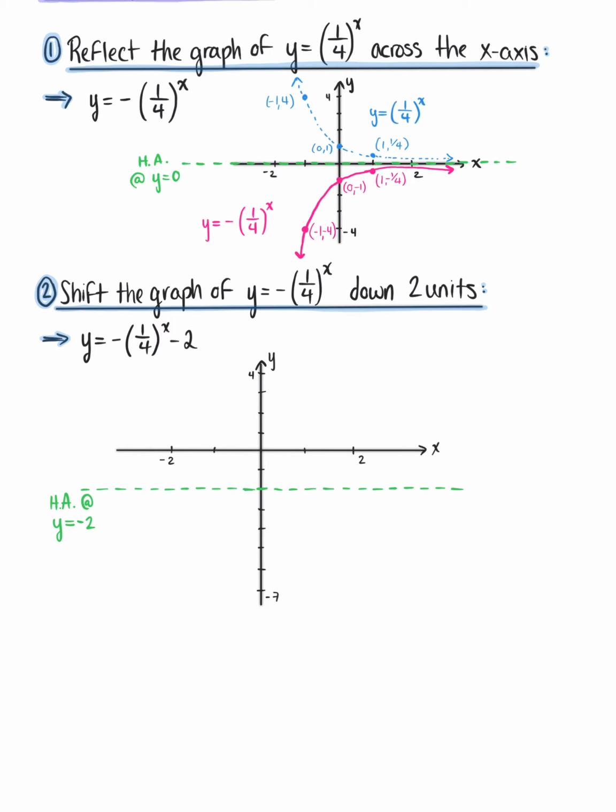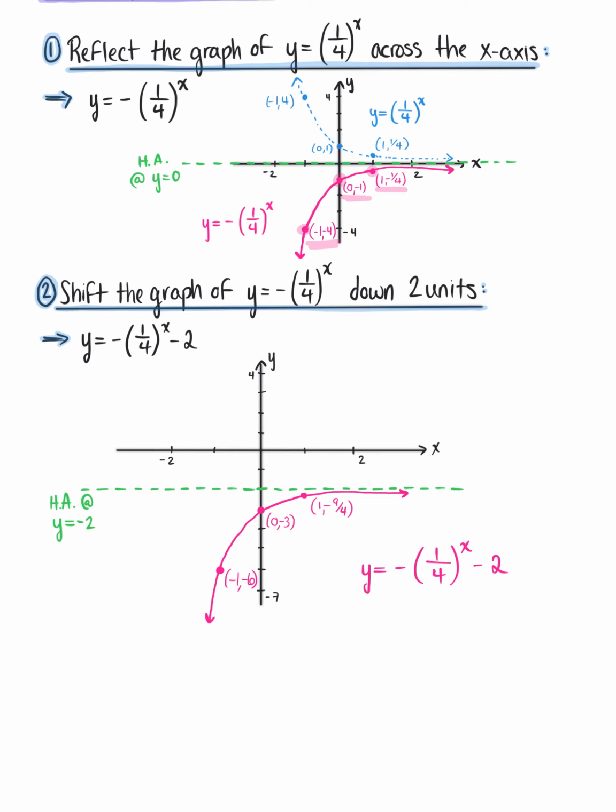This also means that the ordered pairs on the graph of the reflection, -1, -4, 0, -1, and 1, -1/4, have also all been shifted down 2 units. Or in other words, they have been translated to the ordered pairs -1, -6, 0, -3, and 1, -9/4, or -2 1/4, respectively.